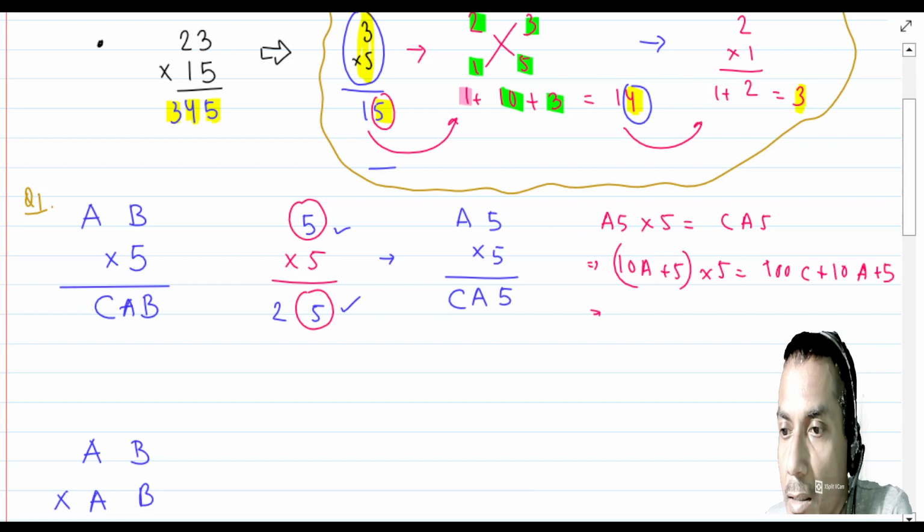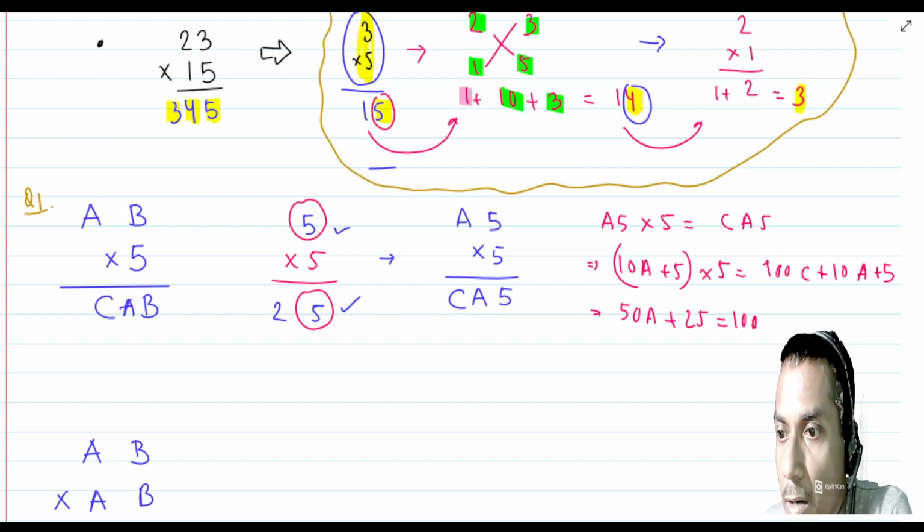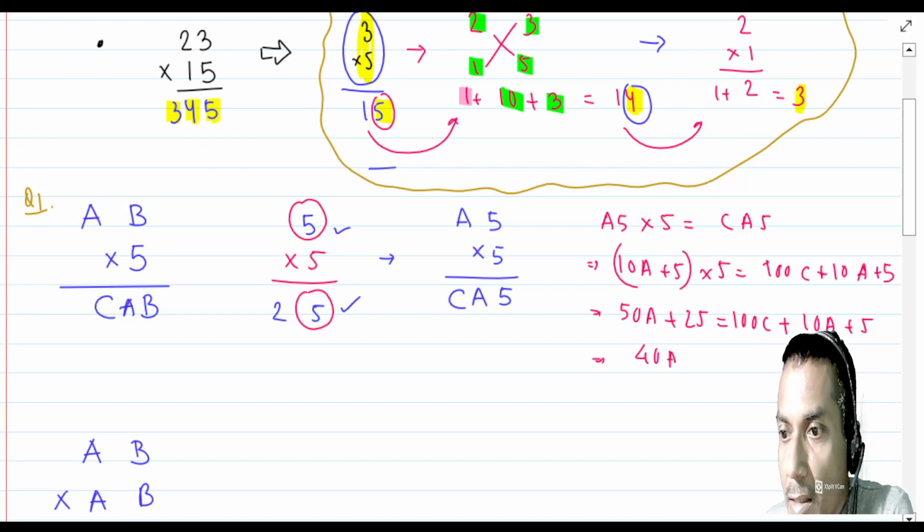Next, the calculation is 50a plus 25 equals 100c plus 10a plus 5. The next step is 50a minus 10a, so 40a, and 25 minus 5 is 20, equal to 100c.